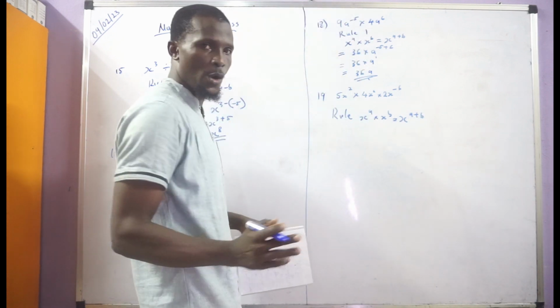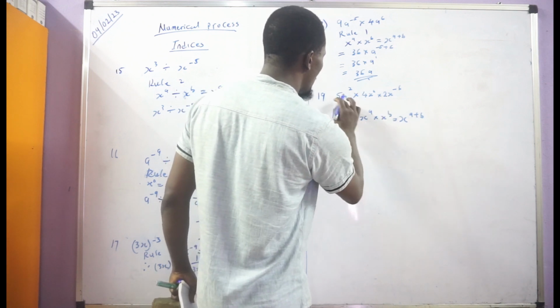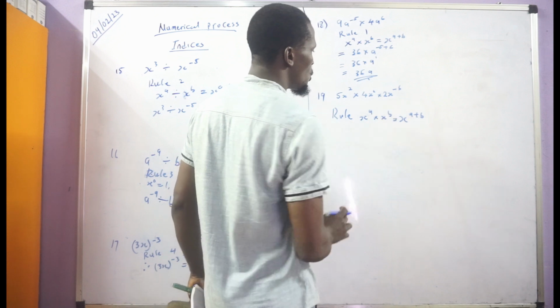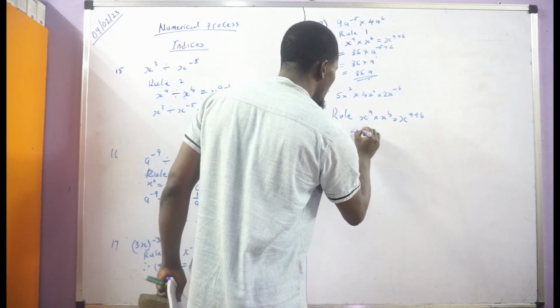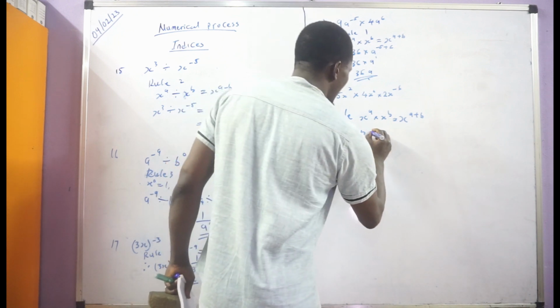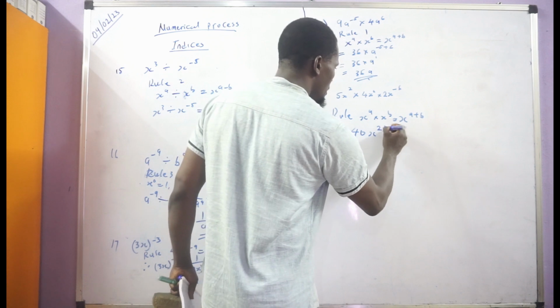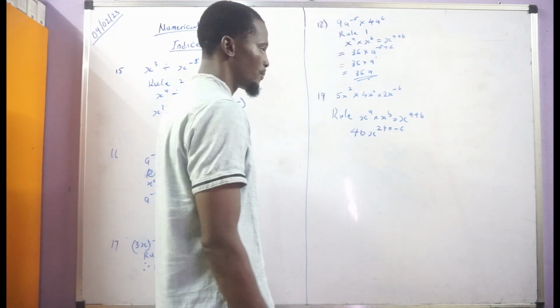We all know that by now. We have all the coefficients together, which will give us 5 times 4 times 2, which is 40. So we have 40x raised to power 2 plus 0 minus 6.